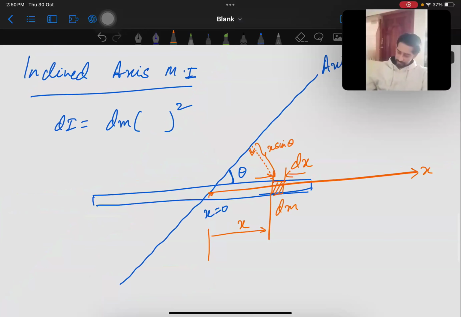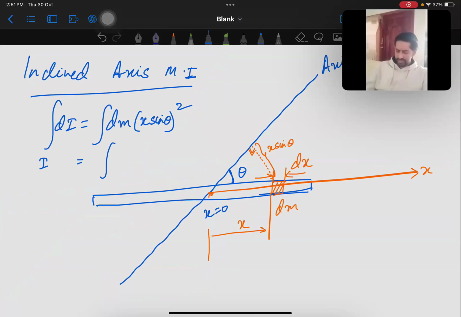So let's substitute that over here. x sine of theta. Now, is theta a variable quantity? No, unfortunately, it's a constant. Whichever element you select, the axis is still going to be inclined this way to the rod, at the same angle. Integrate over here. What do you get?